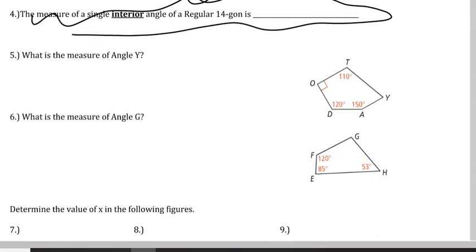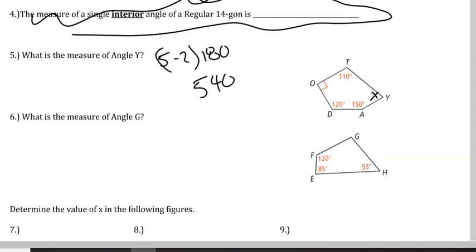Now just to finish these up really quickly. On a problem like this, if you were trying to find the missing angle, what you need to do is first find the sum. Well, it's 1, 2, 3, 4, 5 sides. So 5 minus 2 times 180. That gives me 3 times 180, which I believe is 540, but let's just check. 3 times 180 equals 540. So we know altogether they are 540.